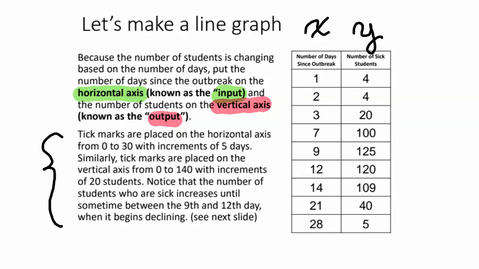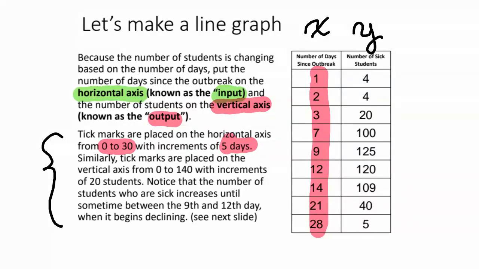Tick marks are placed on the horizontal axis, and notice, what am I telling you to place them between? I'm telling you to place them between 0 and 30. Well, look at all of these numbers. They go between 0 and 30. And I'm going to set them up on my graph for a period of every 5 days.